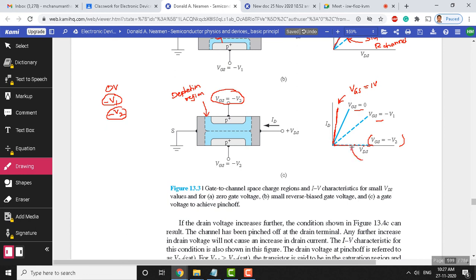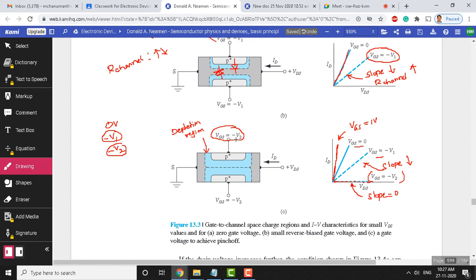Here the slope has become 0, and the slope decreased for this minus V1. And as you move ahead, you can see the slope keeps increasing. This is what we need to know about the p-n junction JFET, and particularly the n channel JFET here.